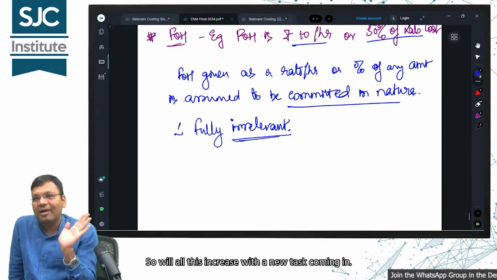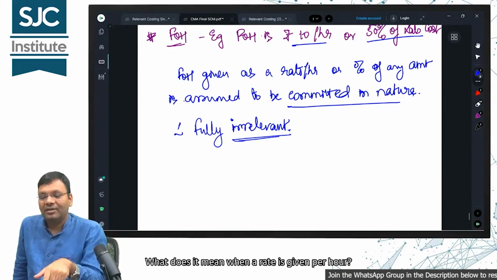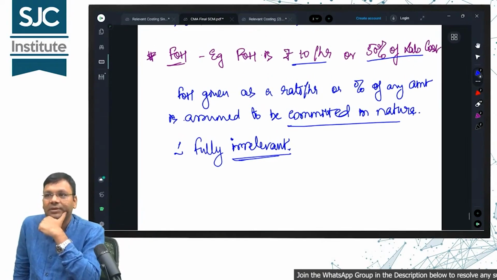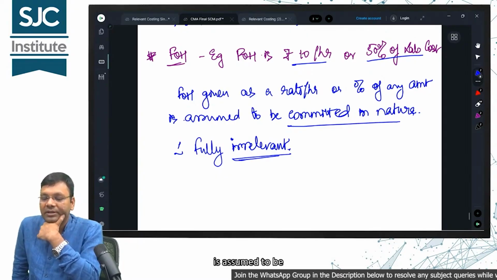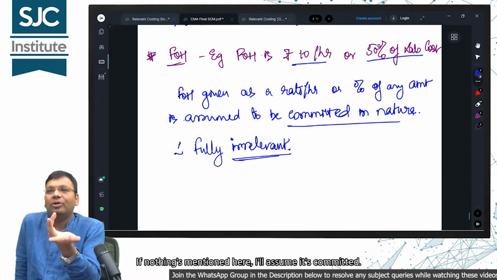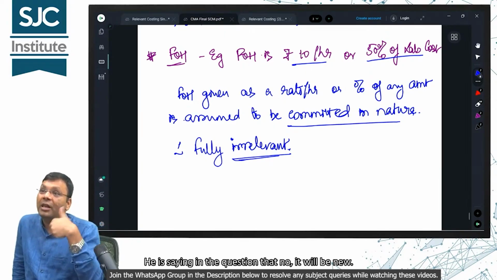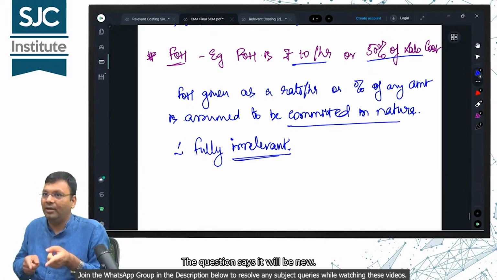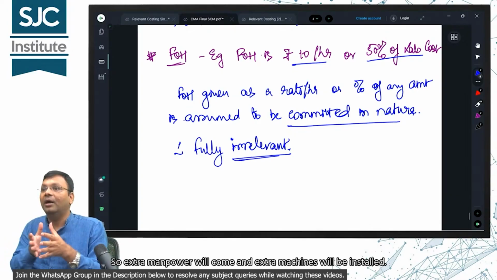So will all this increase with a new task coming in? No, it won't. What does it mean when a rate is given per hour? What is written here? Can you see? Given the rate per hour, any amount is assumed to be committed. If nothing's mentioned here, I'll assume it's committed. And if he is saying in the question that no, it will be new, the question says it will be new, so extra manpower will come and extra machines will be installed.